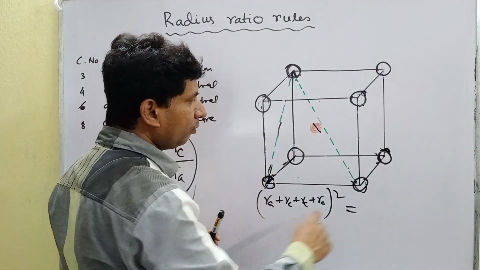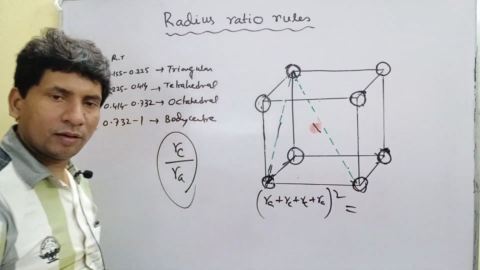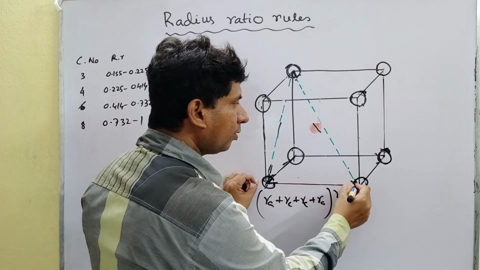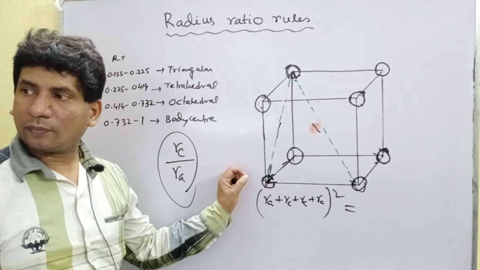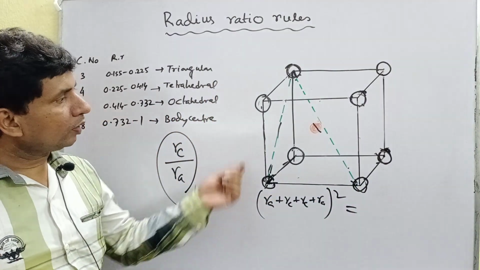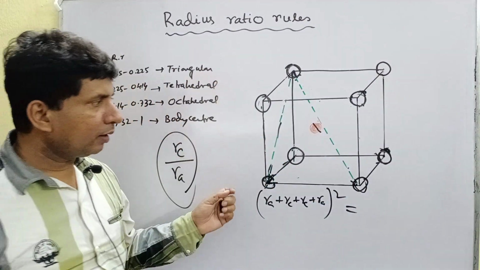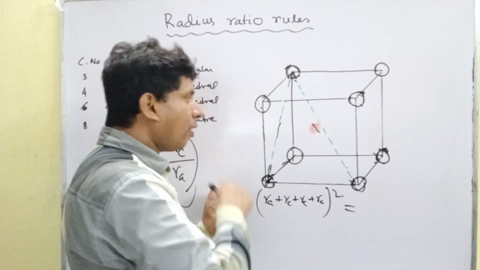This square plus this square. This is the hypotenuse, this is the base.